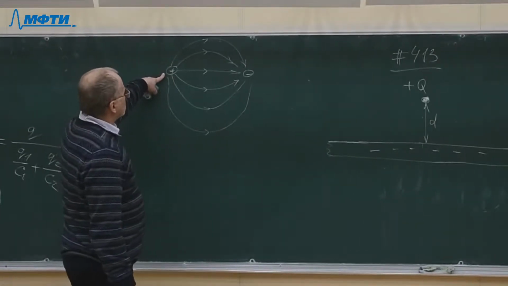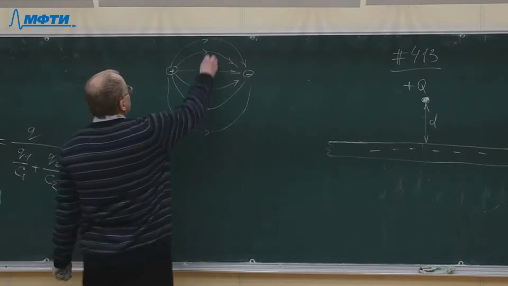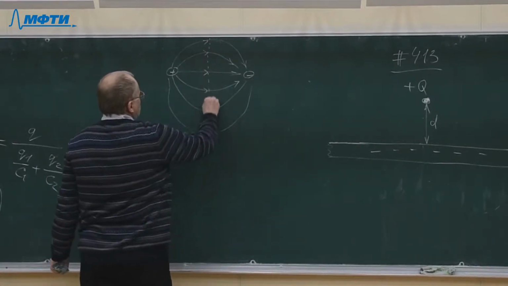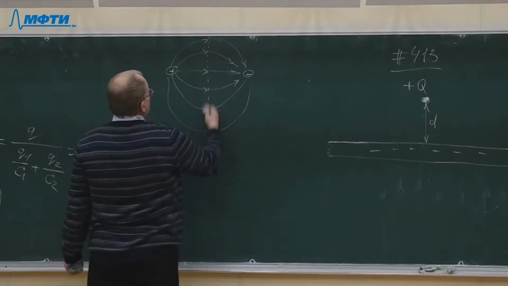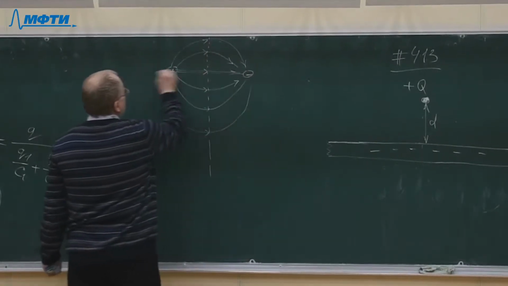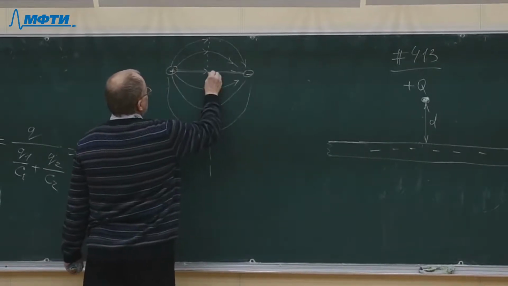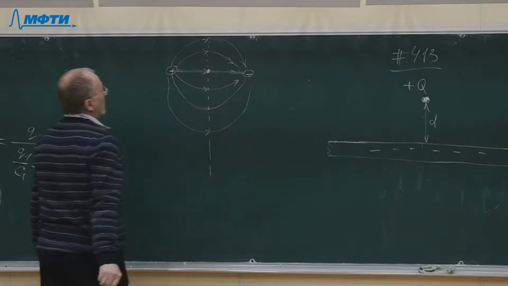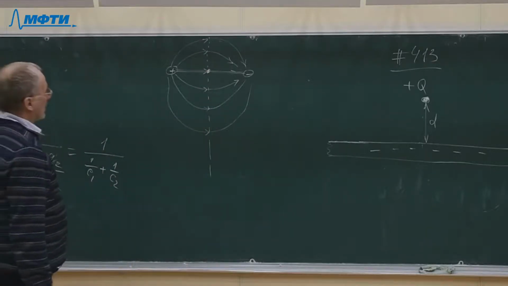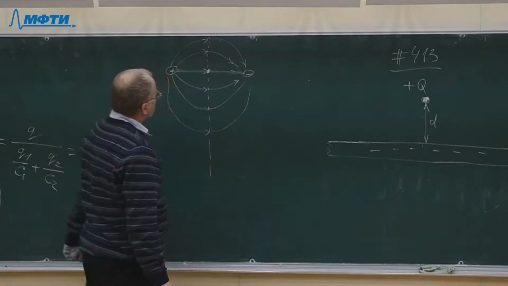And looking at this picture, you may understand that this picture is symmetric. The field lines are symmetric with respect to such a vertical line, which is perpendicular to the line connecting the two point charges, and goes through the center of this section. So this plane is the plane of symmetry.